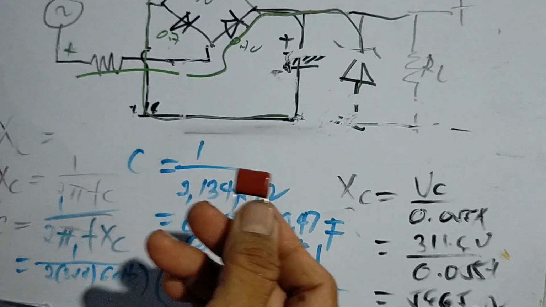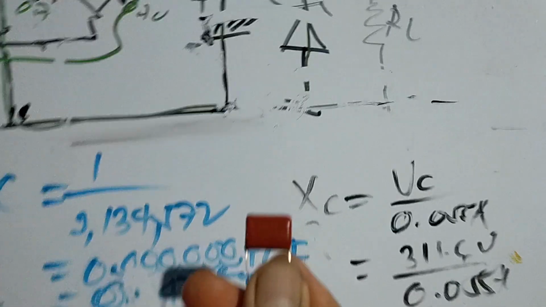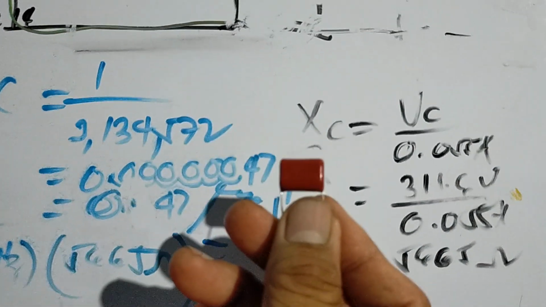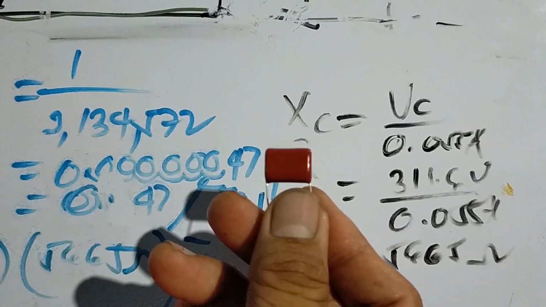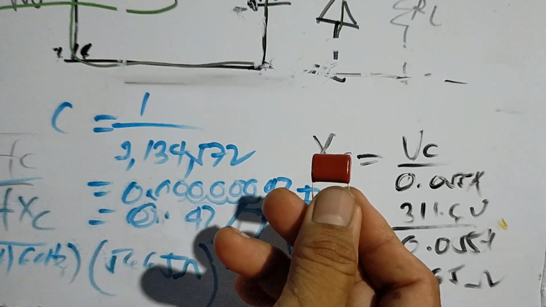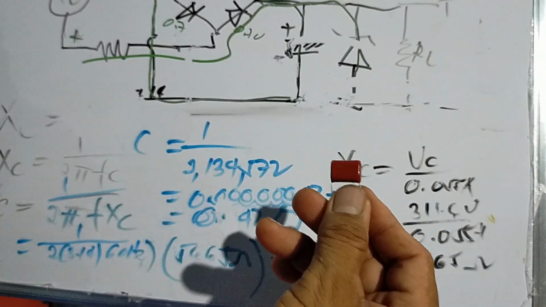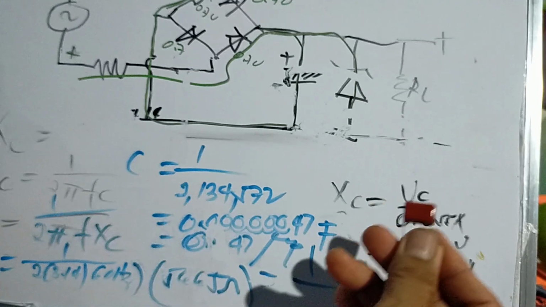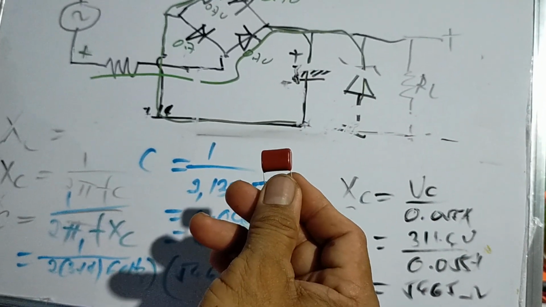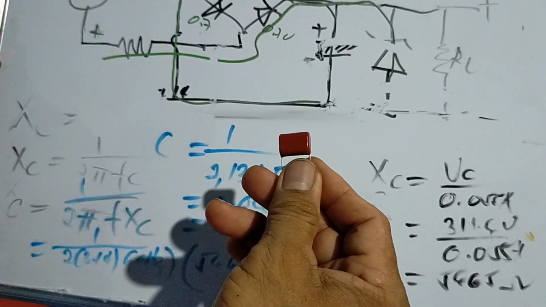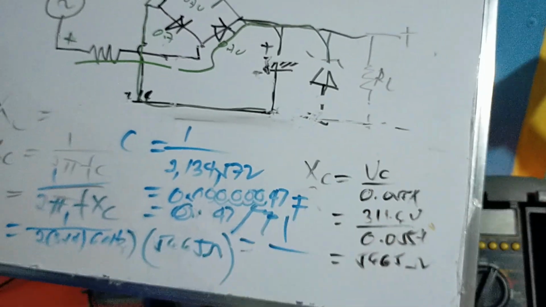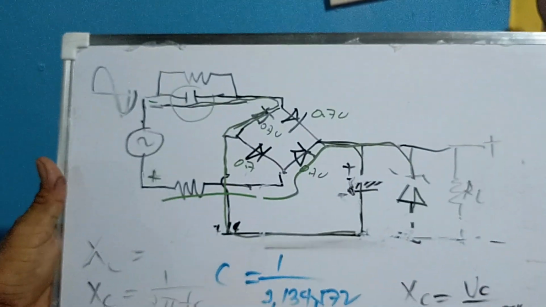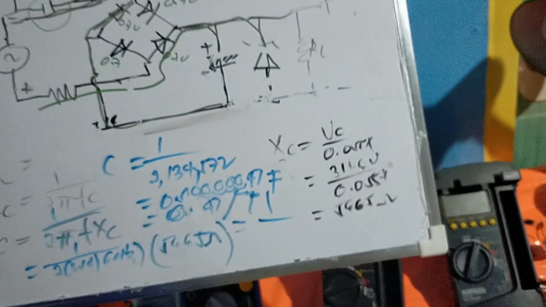That is now the numerical code of this capacitor. 474, where the 4 is the number of zeros, is 470,000 picofarad. When we convert it into nanofarad, that becomes 470 nanofarad, or when we convert it to microfarad, that becomes 0.47 microfarad. So the value of this capacitor is actually 0.47 microfarad, which is a non-polarized capacitor.